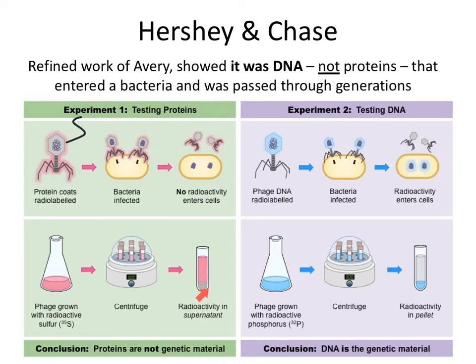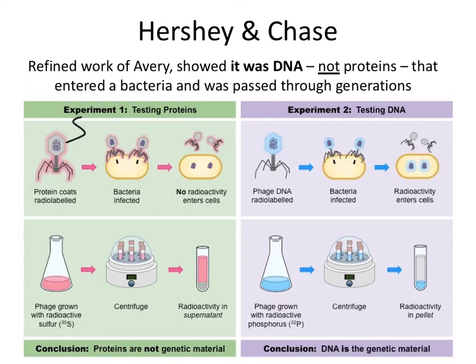So this has shown them that because the sulfur and the proteins were on the outside and nothing radioactive ended up on the inside, proteins must not be the stuff of life, because if it was, then the viruses would need to put it inside of the bacteria.